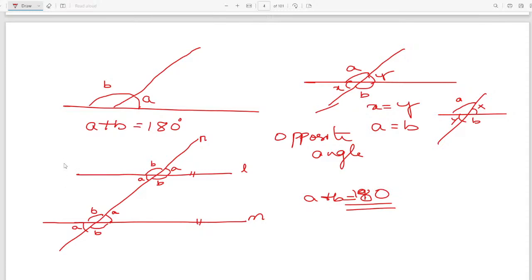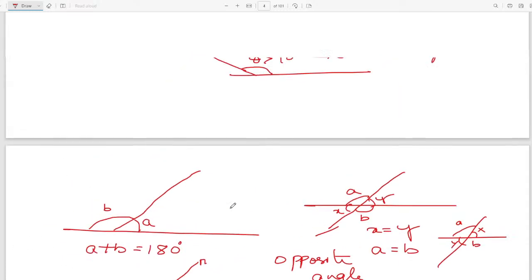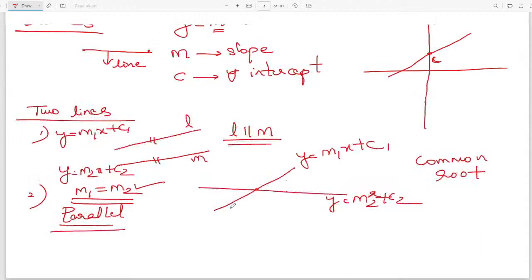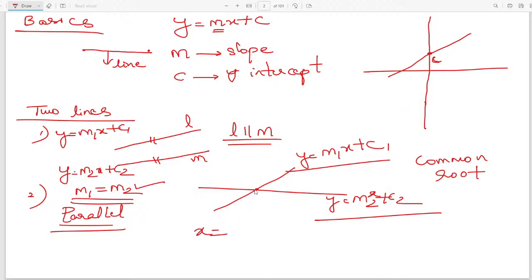Common root means they will intersect at a point. If you solve these two equations, y is equal to m1x plus c1 and y is equal to m2x plus c2, you would have one root. So you will have a value of x. I mean, you have a point where the point satisfies this equation also. For example, let this point be AB.